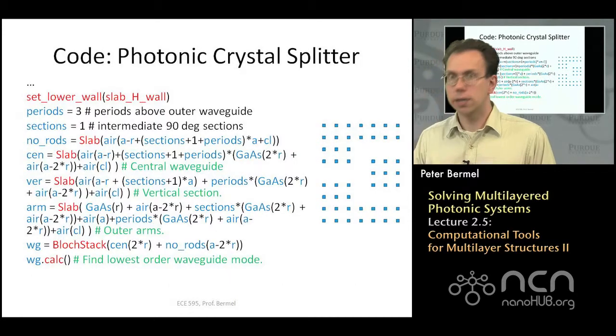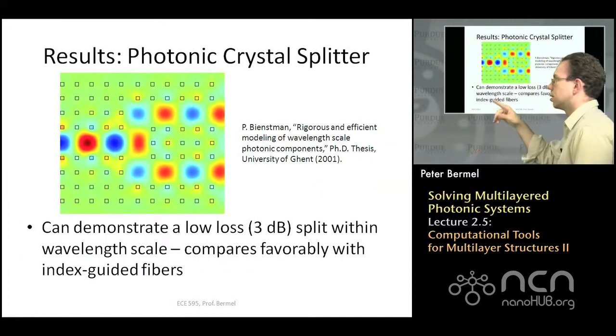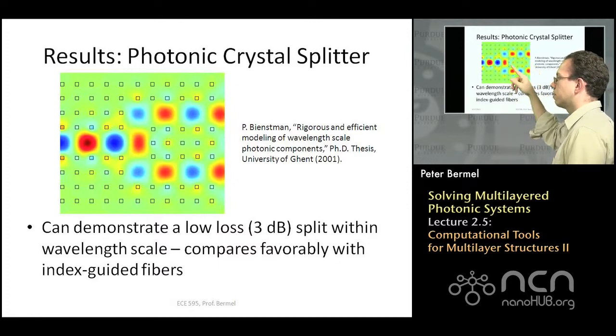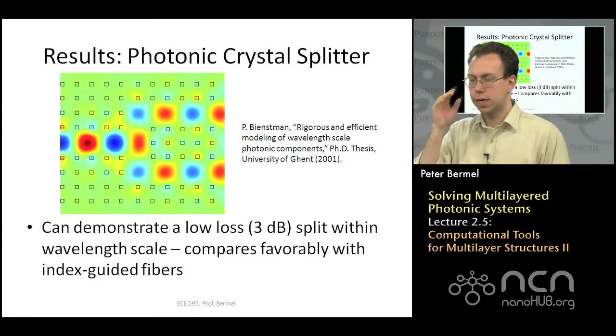You can even do stuff like split incoming light into multiple pathways using this code. I don't have time to go through it in detail, but you can see effectively that if the light's coming in from here, you could potentially have a 50-50 splitter in both directions, or maybe a low loss but non-zero loss.